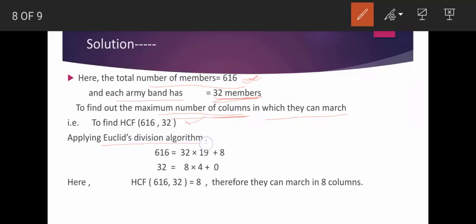So we have to apply here Euclid's division algorithm. Of course 616 is greater than 32, that is why we have to divide 616 by 32. 616 divided by 32: 1 is 32 here. So 6 comes down. 11 minus 2 it will be 9, then 5 minus 3 it is 2.